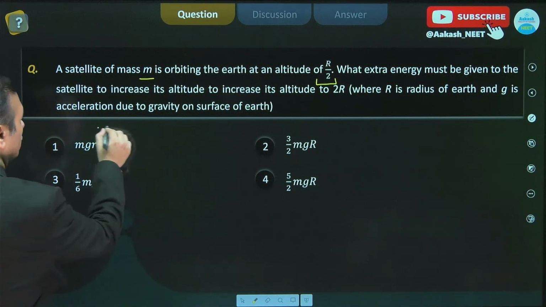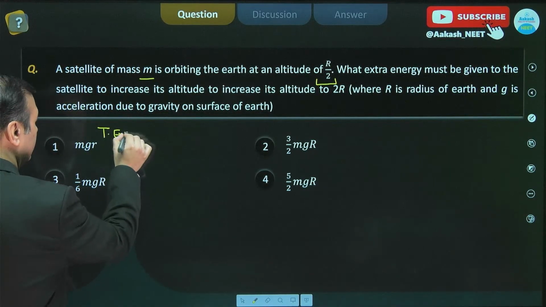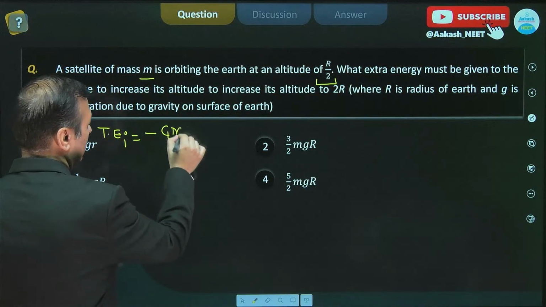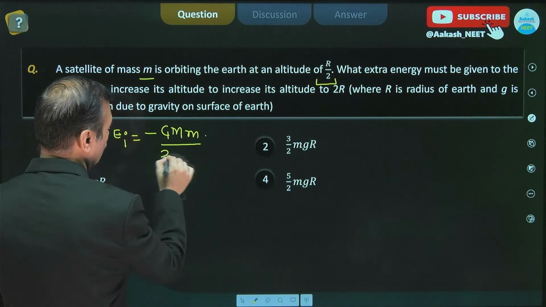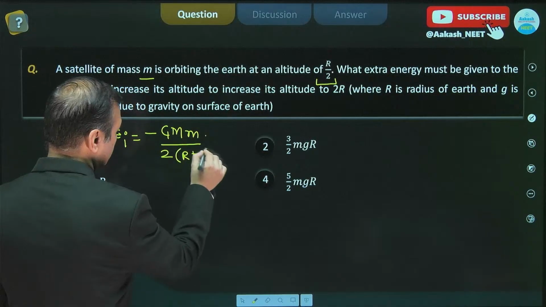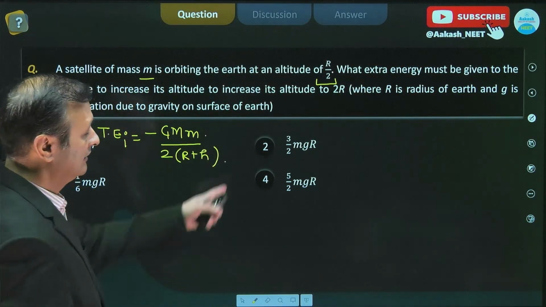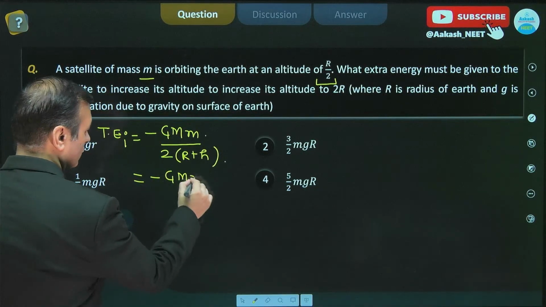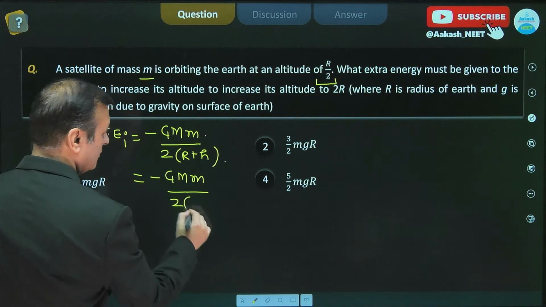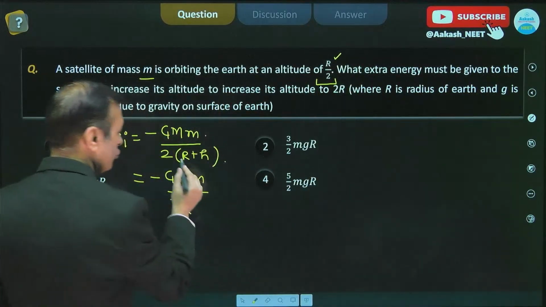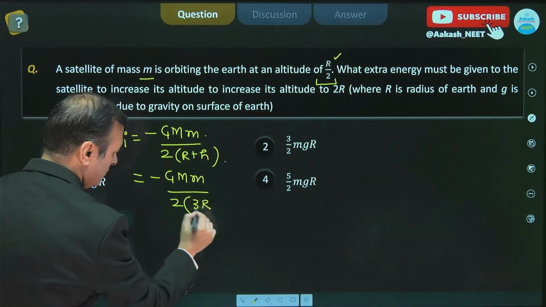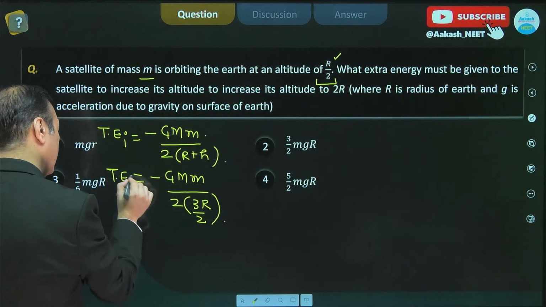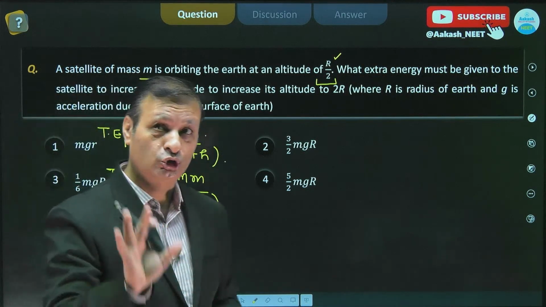So satellite of mass m is orbiting at an altitude of R by 2. What is the total energy of the satellite initially? Just look at the expression: minus GMm upon 2(R plus h). And this time this h is R by 2, so R plus R by 2 becomes 3R by 2. So this is the total energy of the satellite.